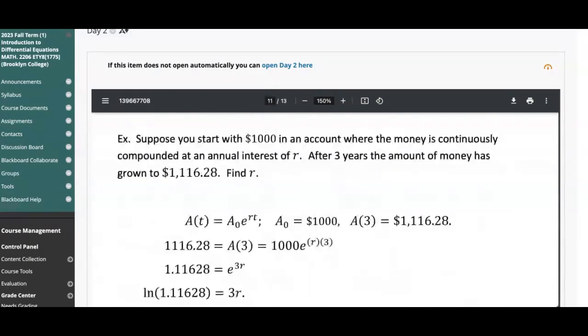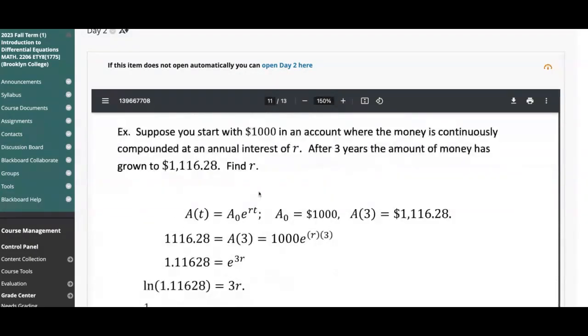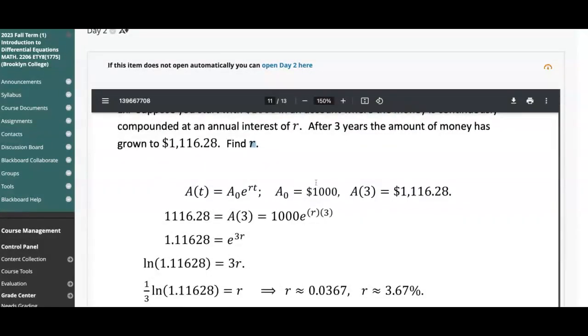Let's see this example, how we use it. Suppose we start with $1,000 in an account where the money is continuously compounded at an annual interest rate of R. After 3 years, the amount of money has grown to this much. We want to find the annual interest rate R. We just plug in the values. A naught is 1,000, the initial value, and A of 3 equals this much.